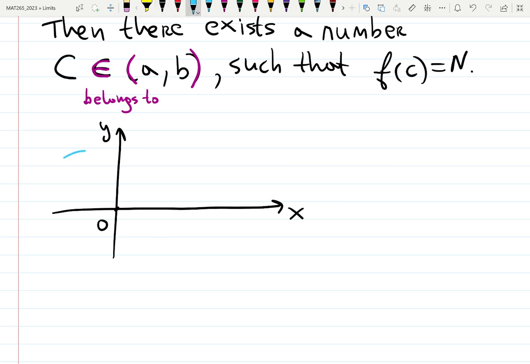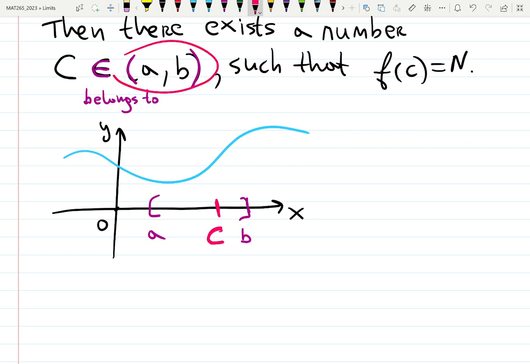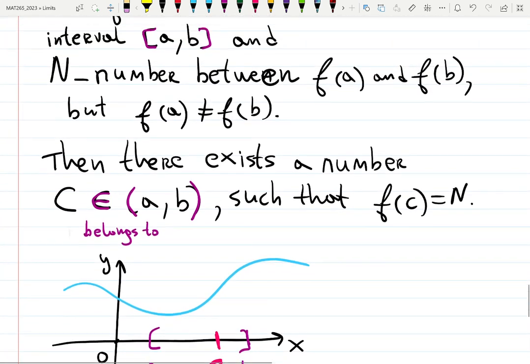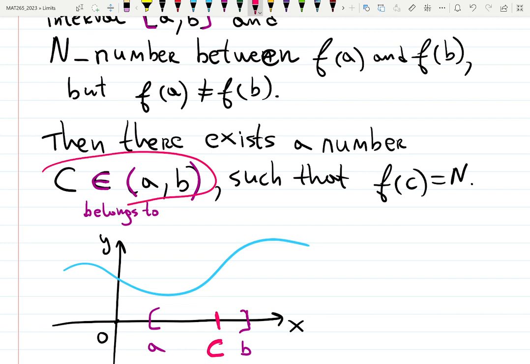So here's the function. And then we have A and B closed, so A and B are included. Then we have some kind of random C, not necessarily in the middle, but it's definitely between A and B. And C belongs to A and B without the edges. See?